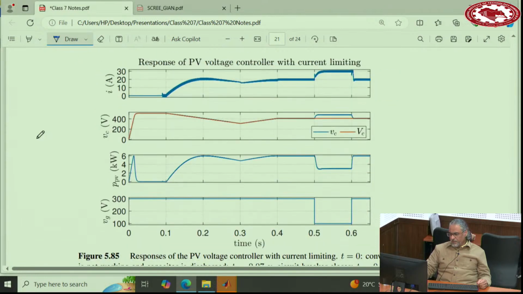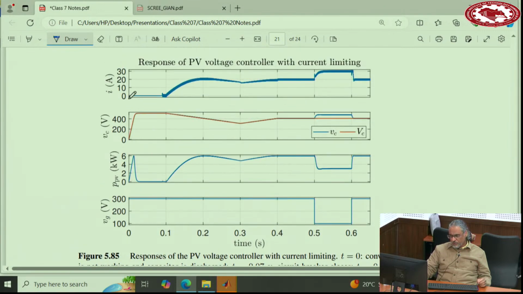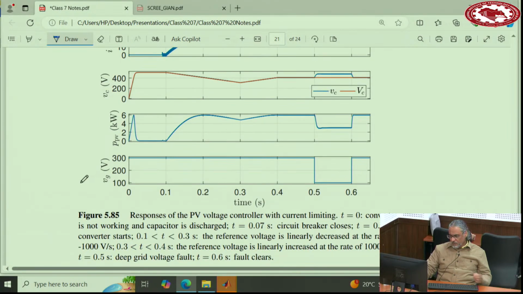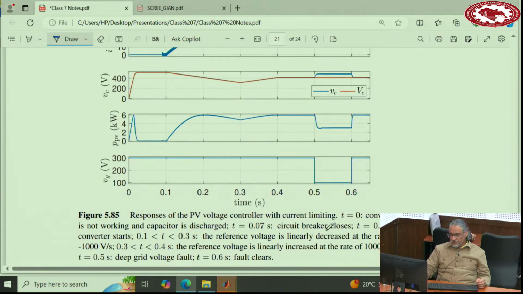So anyway, in this simulation, what happens is that at t equals 0, the converter is not working and the capacitor is discharged, so there is no voltage across the capacitor. The voltage is 0. And at t equals 0.7, which is this point here, the circuit breaker closes.